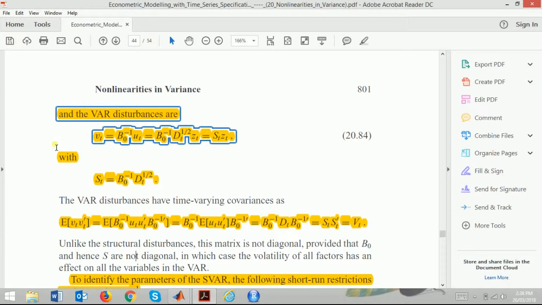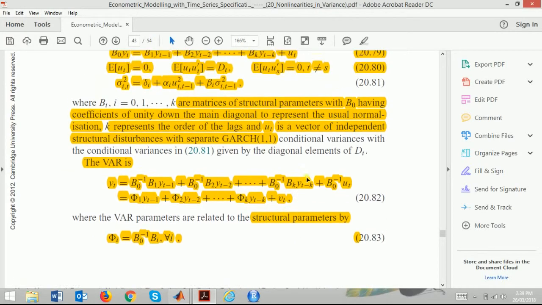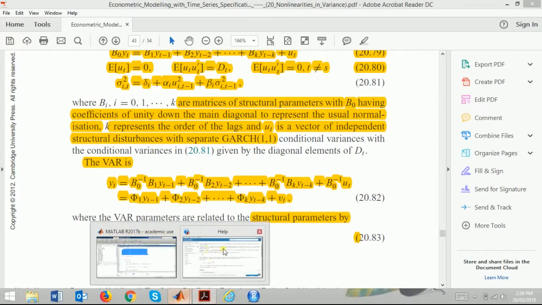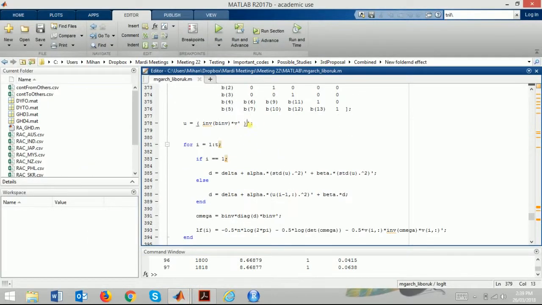We take U here, beta naught inverse U transpose V residual. Okay, fine, I'm fine with that. Okay, not necessary. Transpose crosses out. So basically it is the inverse of beta naught.